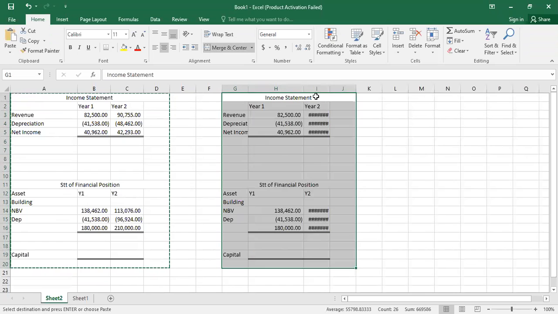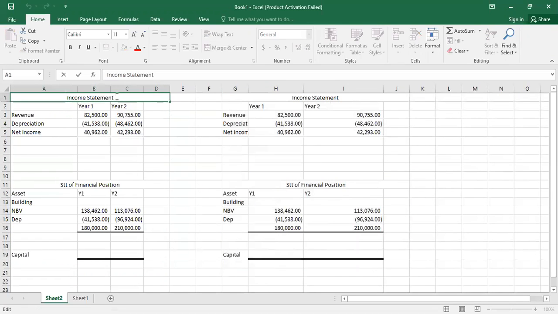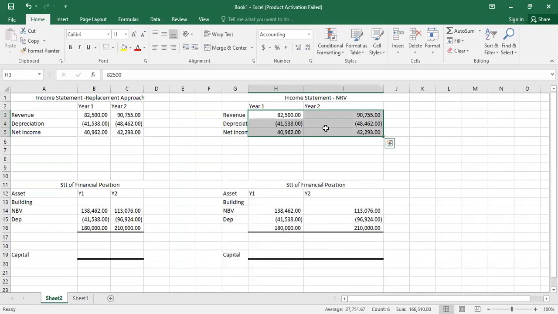What I won't change is the figures, because I want us now to look at what I can call the replacement approach, to see how things will pan out. And I call this the net realizable value. Let me just delete this.